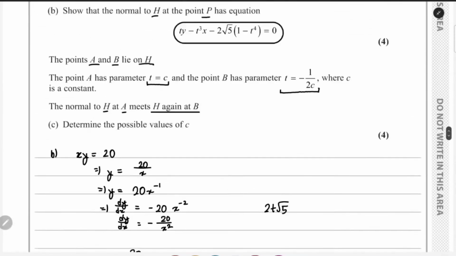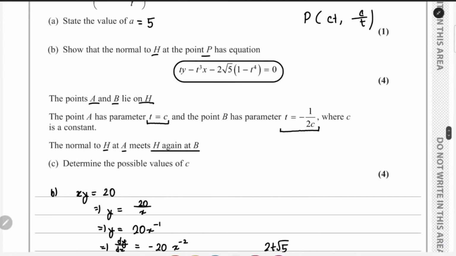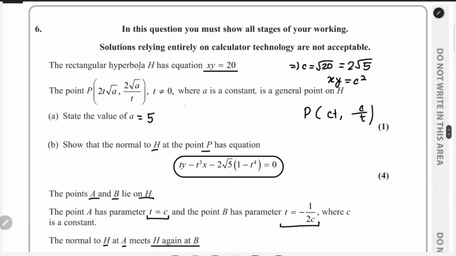Now for B, the value of t is minus 1 by 2c, so the point B has coordinates 2 times minus 1 by 2c root 5 comma 2 root 5 divided by minus 1 by 2c. This will come out to be minus root 5 by c and minus 4c root 5.